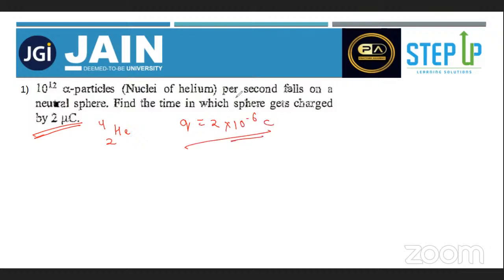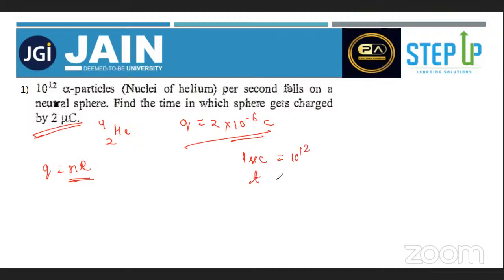Now they're telling me to find the time. So I know the Q formula is Q equal to N times E. Now, to find N, I have 10 raised to 12 alpha particles per second. So in 1 second I have 10 raised to 12.